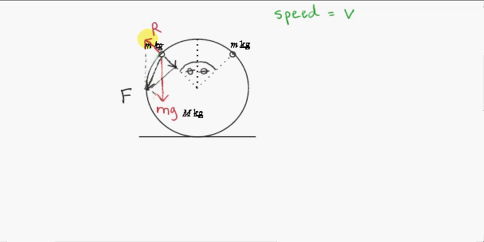So that's why vector R and vector mg must look something like what I have in this picture, so that when we add these two vectors, we get a vector which does have a component pointing towards the center. We saw in previous videos that this component has magnitude mv squared over r, where r is the radius of the hoop.